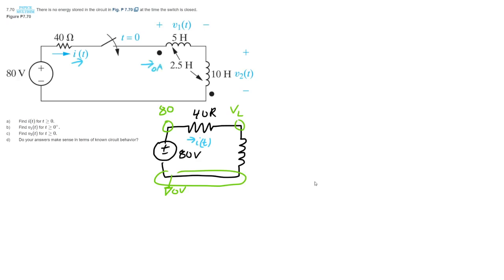So the current flowing through these inductors is going to be 0 amps. You can say IL(0 minus) equals IL(0 plus), so that's 0 amps. And IL(infinity) is going to be Ohm's law, 80 over 40 equals 2 amps. So that's our boundaries for what the current can possibly be based on the physics of the circuit.